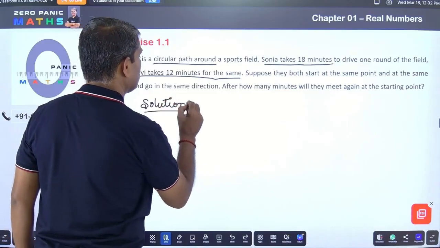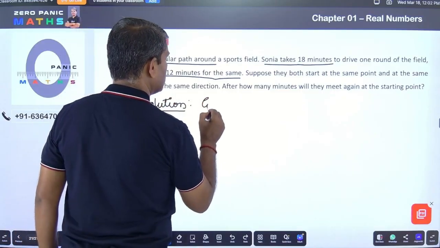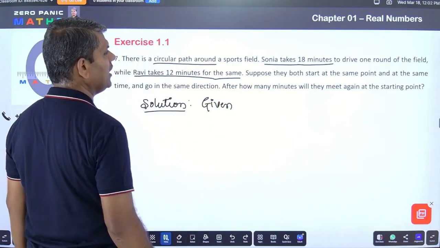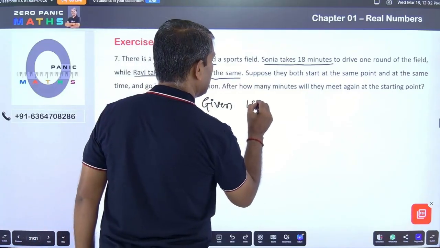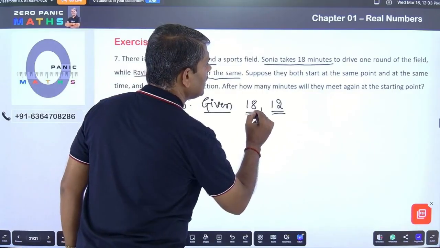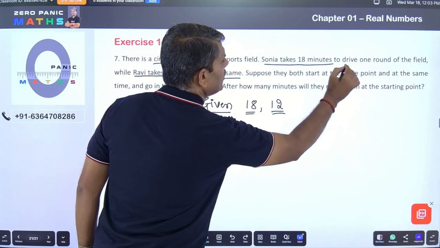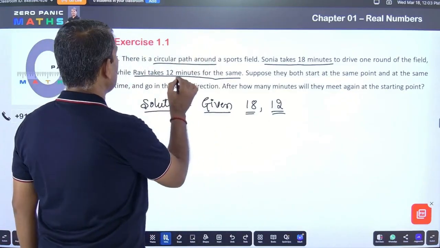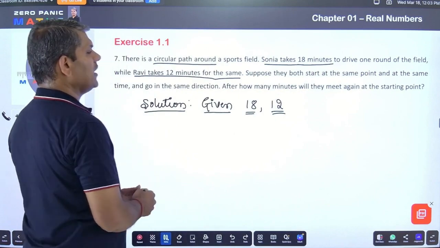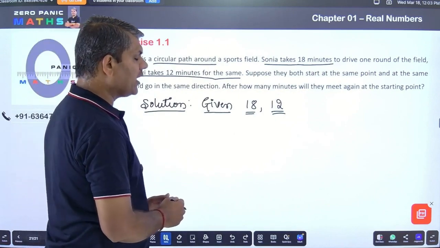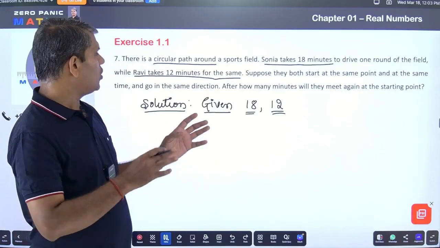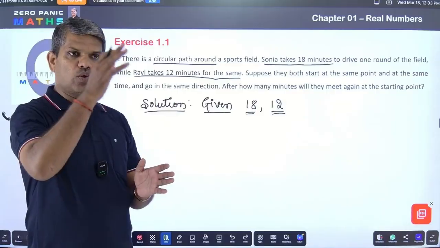Okay, to start with the solution, we need to check what is given. Given are the two data, one is 18 and another is 12. 18 minutes that Sonia takes to drive around the field and 12 minutes that Ravi takes to go around the same field. Okay, we need to find out that after how many rounds Sonia and Ravi meet together.